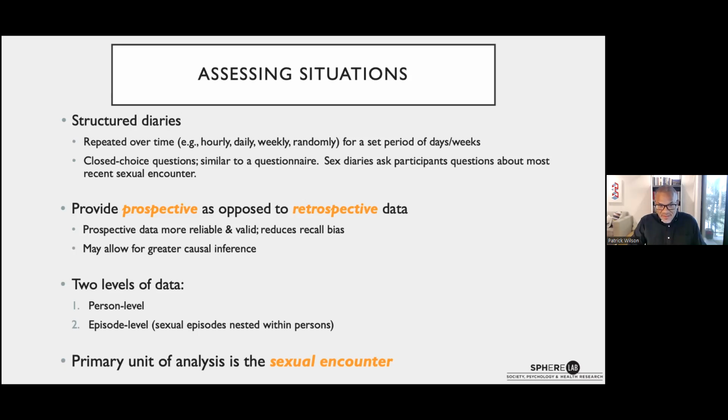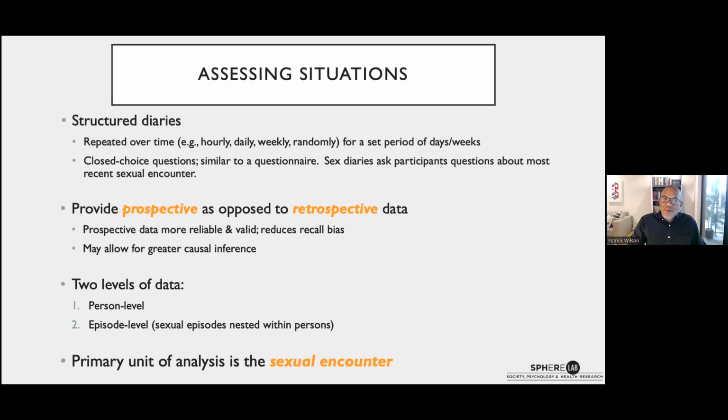I will present a little bit of data where we've done that ourselves, but I'm thinking of them mostly as quantitative, structured assessments that occur on a repeated basis for a period of days or weeks. I have not necessarily done work that's focused on EMA, ecological momentary assessment, where you might have multiple assessments randomly during a day, but I have done daily, and even twice daily assessments, as well as weekly.